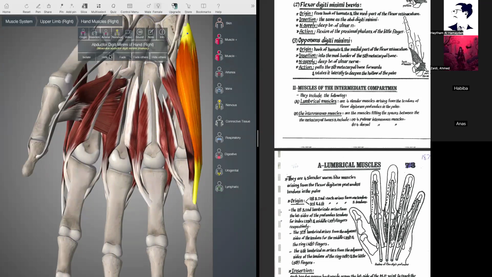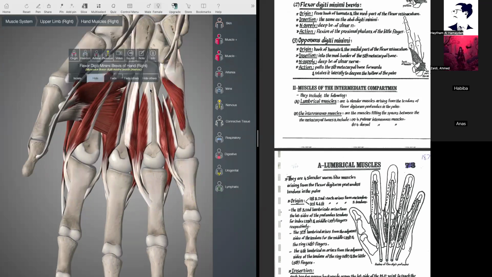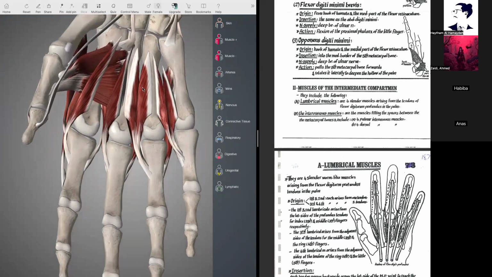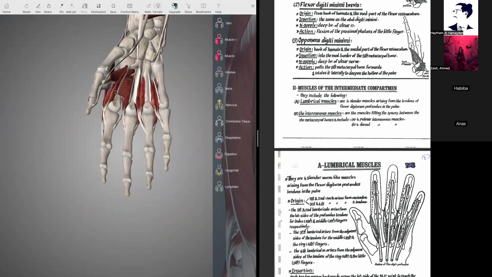I'm going to hide the hypothenars right here. And so now we are in the palm region. We're slowly finishing off the hand muscles. So we have first lumbrical, second lumbrical, third lumbrical, and fourth lumbrical. They are muscles found in the palm, and they arise from the tendon of flexor digitorum profundus.